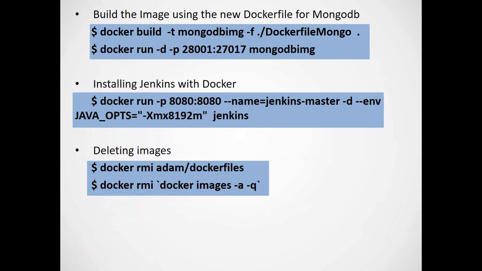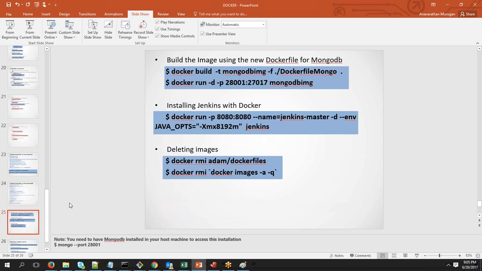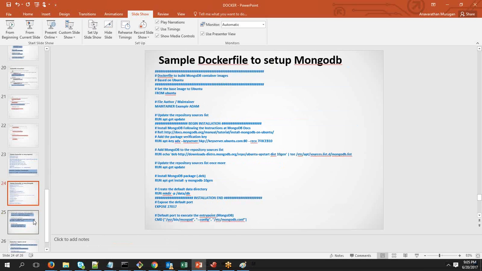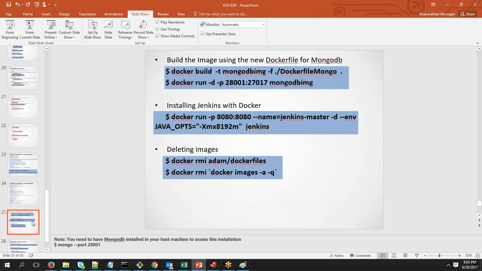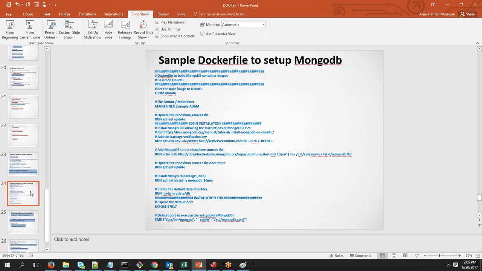Okay, so this is how you can create your own images where you use the Dockerfile to specify all the instructions. Okay, now let's run this also and see.